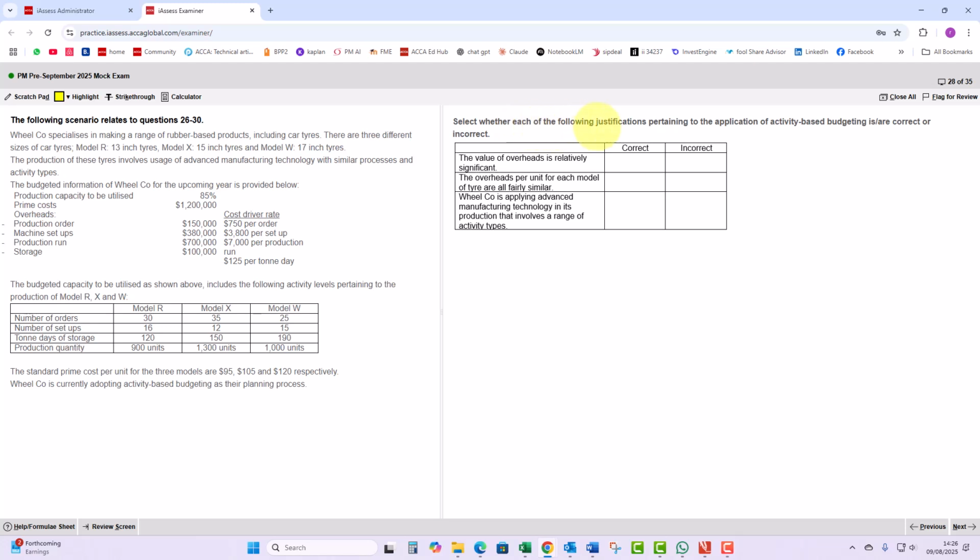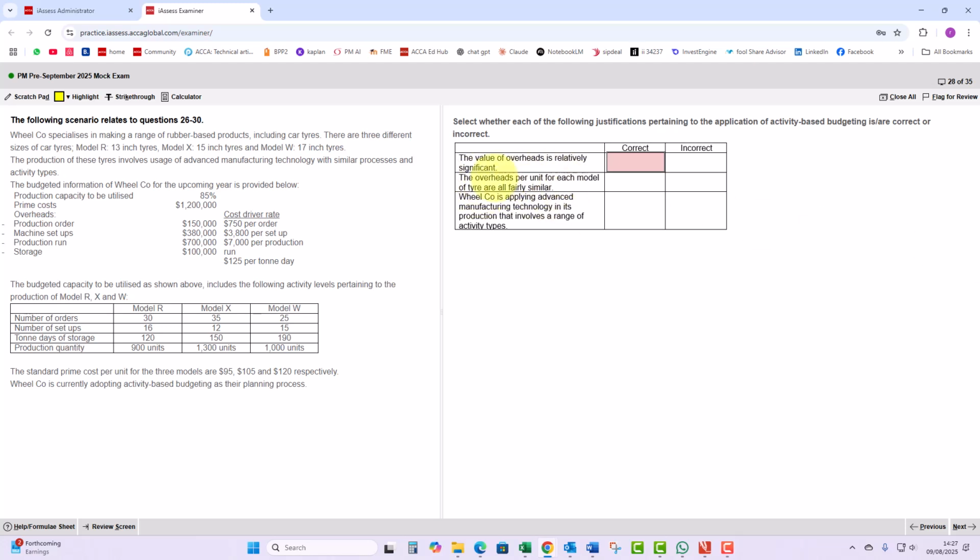Select whether each of the following justifications pertaining to the application of activity-based budgeting is or are correct or incorrect. The value of overheads is relatively significant. That's correct. That's one of the reasons we use activity-based budgeting. The higher the overheads, the more useful activity-based budgeting is. The overheads per unit for each model of tyre are all fairly similar.